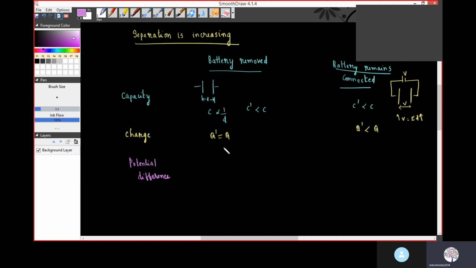When D increases, then potential is going to increase here. Whereas here potential is going to remain the same because the battery supplies constant potential. Why is the potential increasing here? Because V is equal to E into D. When D increases, then potential increases.